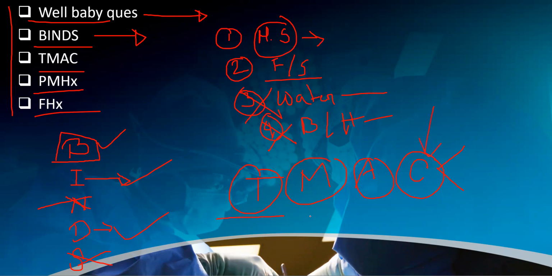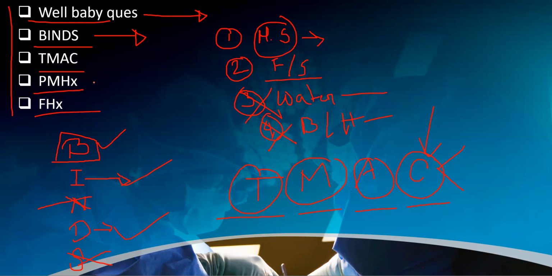So that's your TMAC, travel history, medication, allergies, and contact history. There is a huge benefit of these mnemonics because it will help you remember most of the important things. Even if you want to forget, if you remember this mnemonic, you will not forget it.